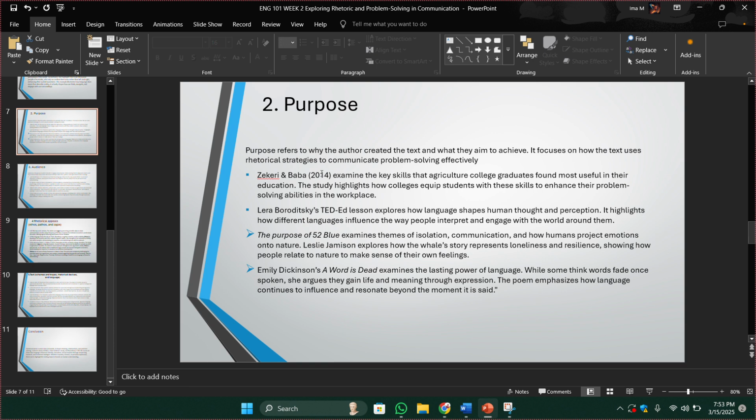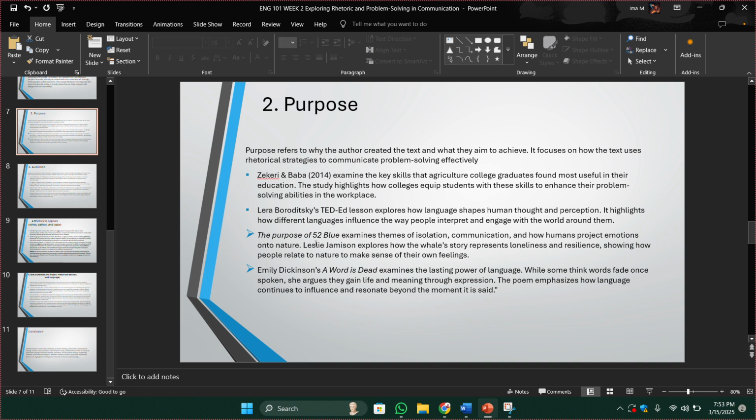In Zakaria and Baba, it explains the key skills agricultural students graduate with that are most useful in their education. And in Lera Boroditsky's TED Talk, she explores how language shapes human thoughts and perception. The purpose of this was to highlight how different languages enhance the way people interpret and engage with the world around them.